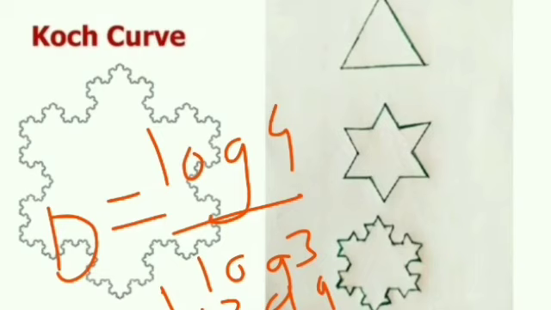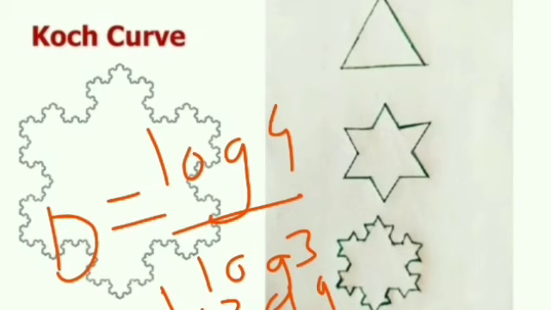Therefore for the Koch curve, the topological dimension is 1, but the fractal dimension is 1.2619. So that you have to remember.